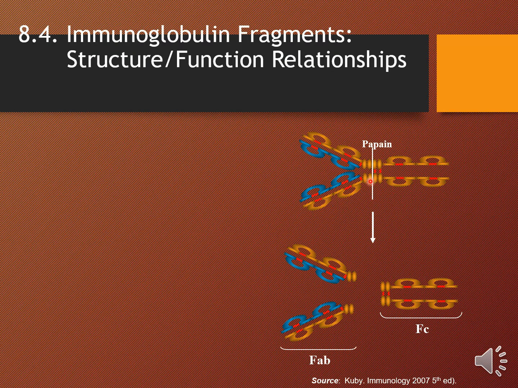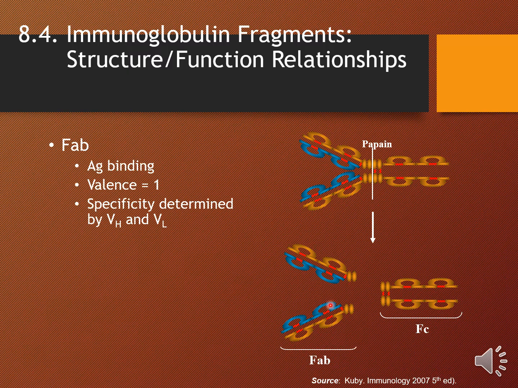Okay, another way to describe antibodies is that it's possible to separate them into two fragments. And we refer to these two fragments as the FAB and the FC. If we use an enzyme, for example, papain, this papain will act on the hinge region of the antibody molecule, cleaving it into two different fragments.